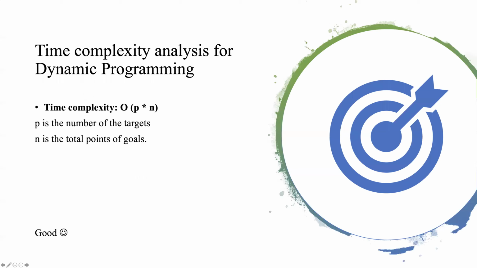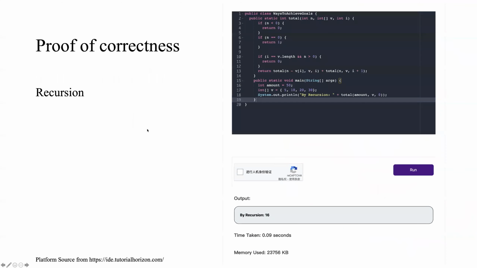By analyzing the table and code, we can see that the time complexity for dynamic programming is P times N, where P is the number of targets and N is the total points of the goal, which is much better than the recursion. And it's pretty good actually. So it fixed the time issues and makes the algorithm more efficient.